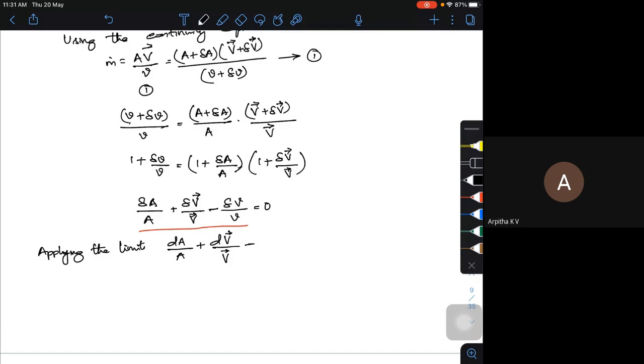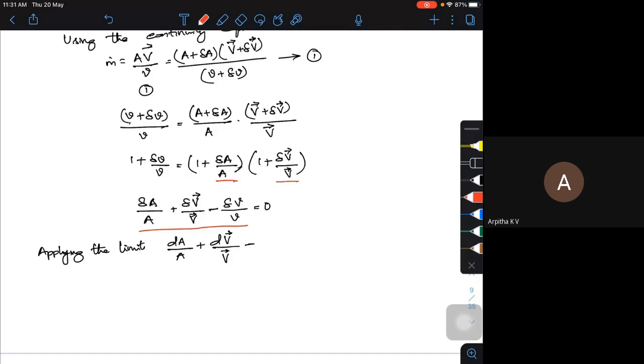Sir, have we neglected delta A by A into delta V by V? Yes, that's very, very small. See, this product, delta A by A into delta V by V, is already small. It's something like multiplying 0.01 into 0.01. That quantity we are trying to neglect.